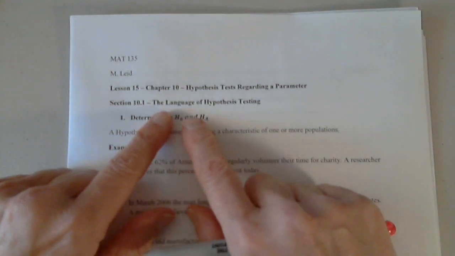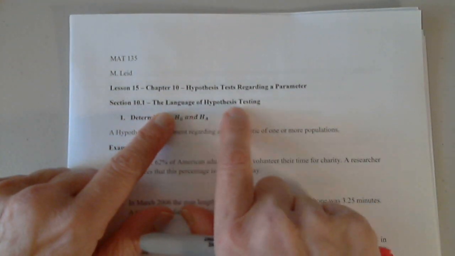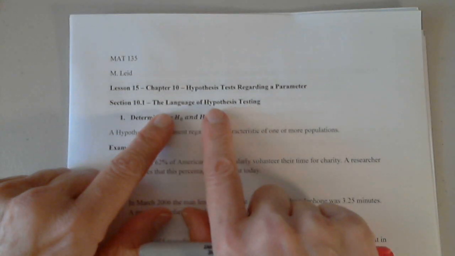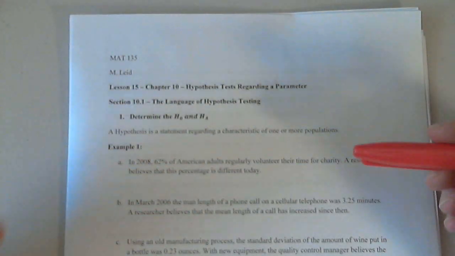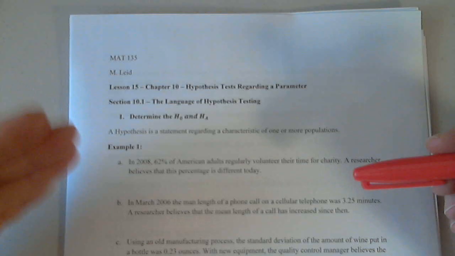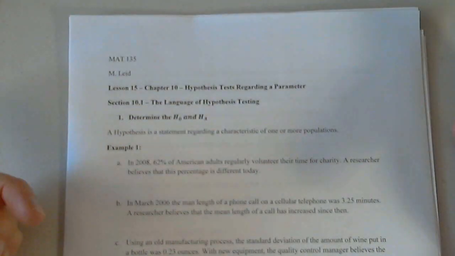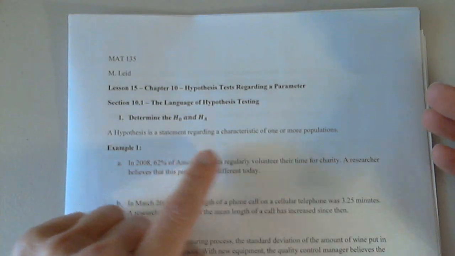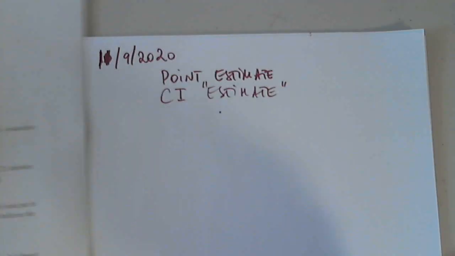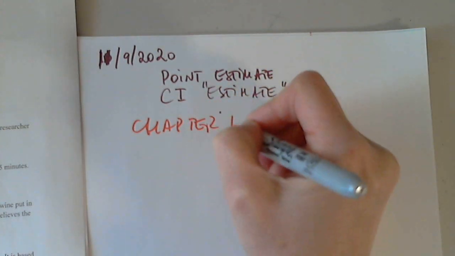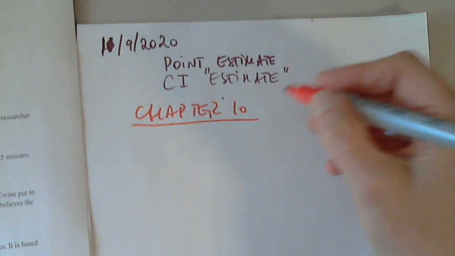Okay, so first of all, we have to understand the language of hypothesis testing, because it has a particular structure that we have to learn. So a hypothesis, what is a hypothesis? This is chapter 10, hypothesis testing.